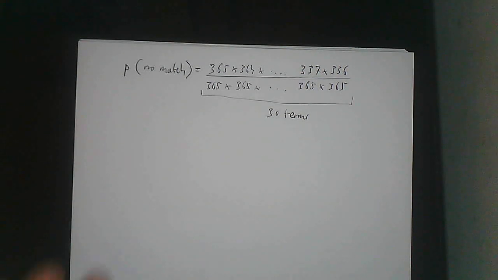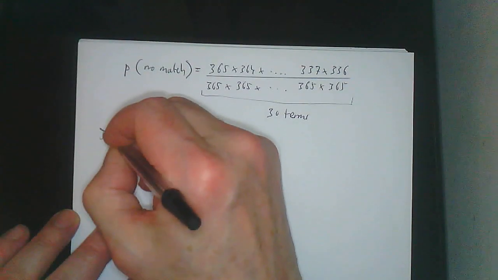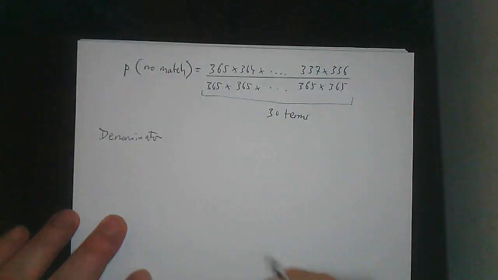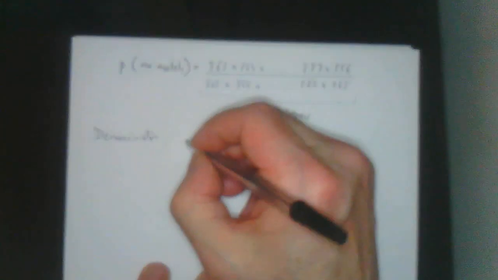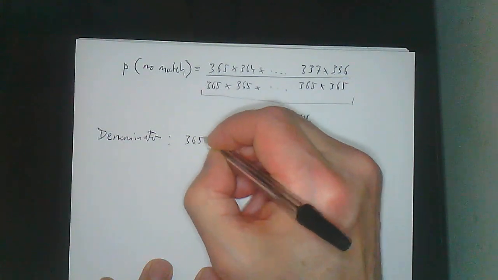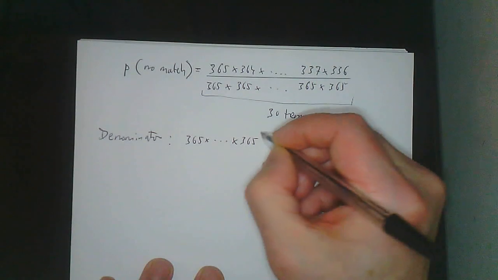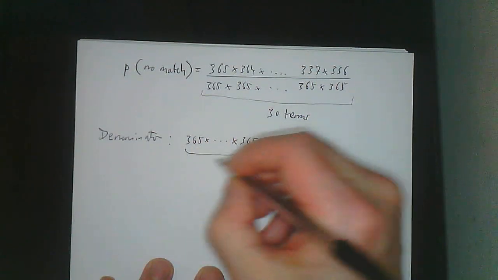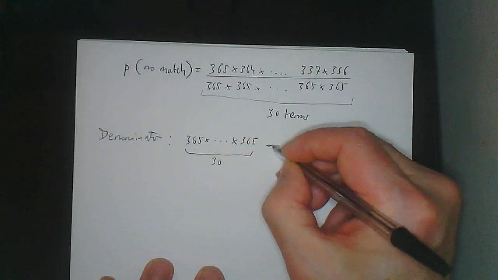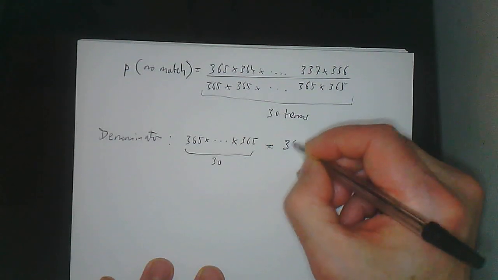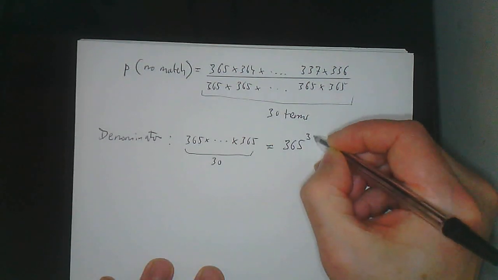Now let's consider the denominator first. We've got 365 times dot dot dot times 365, and there are 30 of these terms. So we can write that in index form: 365 to the power 30.